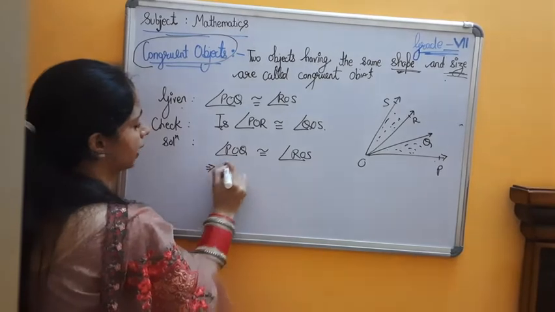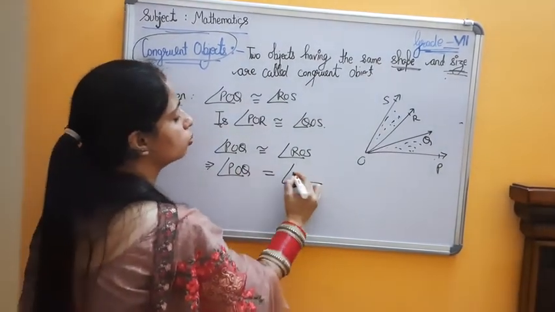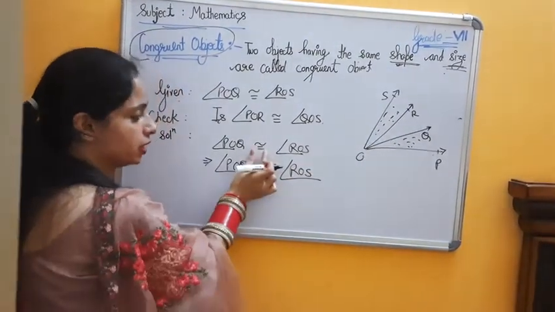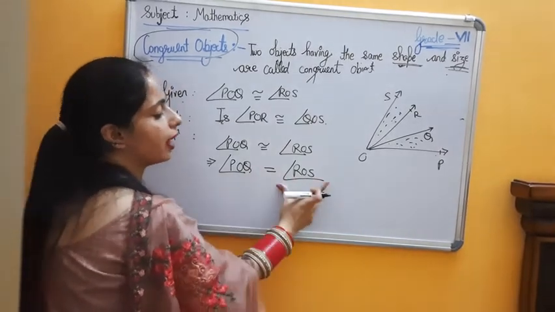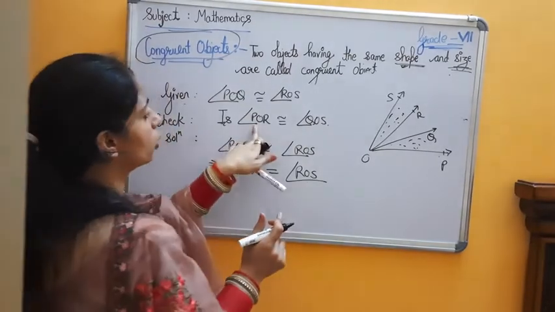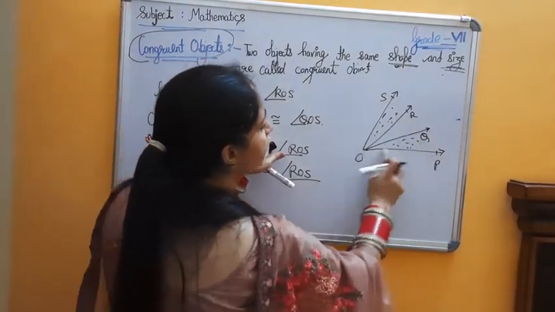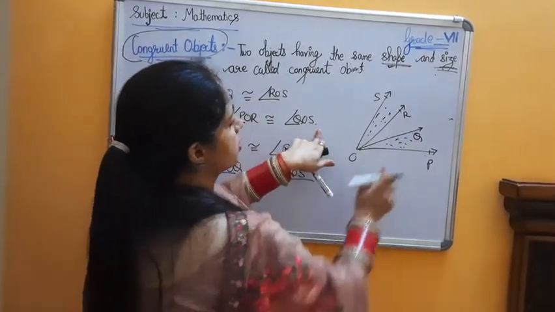So this implies the measure of POQ is equal to the measure of ROS. Now what do we want? We want the big angle POR and angle QOS.